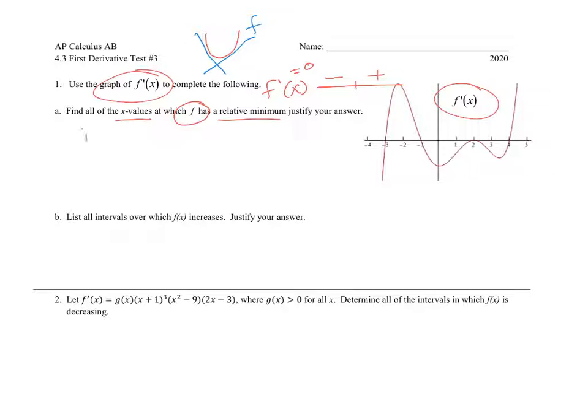So again, you have to identify critical values for f. That occurs when f prime of x equals 0, and we're real lucky because I have the graph of f prime of x, and I should be able to pick out where f prime of x equals 0.